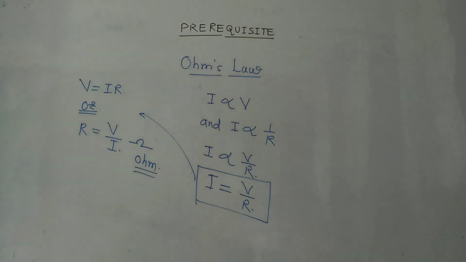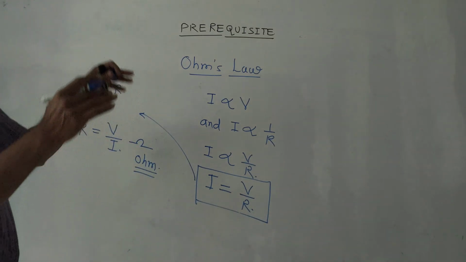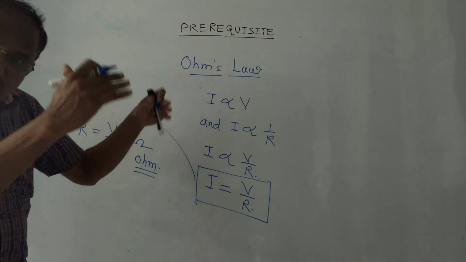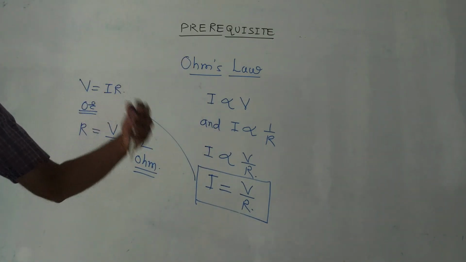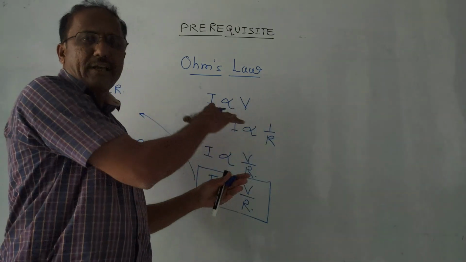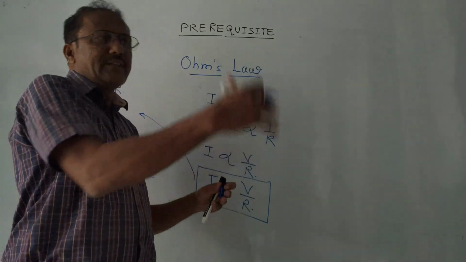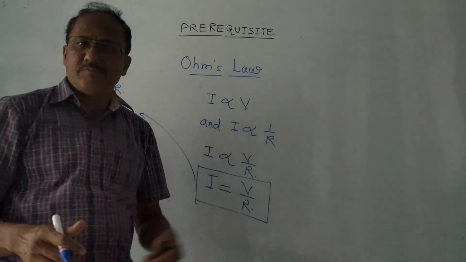So this is the concept of Ohm's law, but the major drawback of Ohm's law is, in the statement I have mentioned, at a constant temperature. This is because as the room temperature varies, the current flowing through the conductor also varies. So in such cases, whenever there is a variation in the temperature, Ohm's law is not applicable.